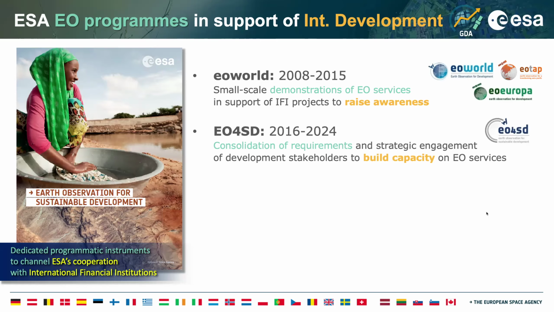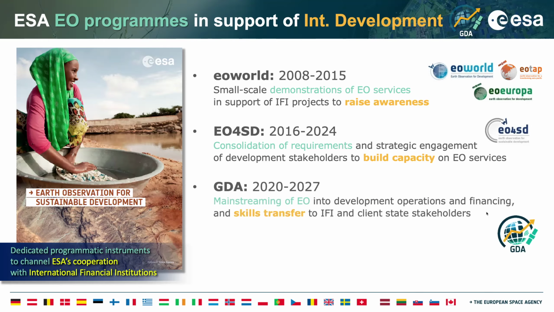This led to a second phase, more structured, the EO4SD program, which had the aim to consolidate the requirements and the strategic engagement with development stakeholders, so to build the capacity in Earth observation services. And this led to the current program, which is the Global Development Assistance Program, GDA, which has the aim to mainstream Earth observation in development operations and financing, and also to transfer skills to IFIs and client state countries.